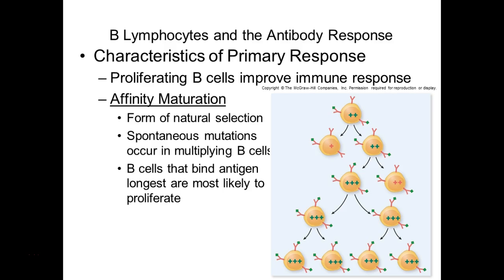So remember, each B cell is unique in its antibody, right? That combination of the heavy chain and the light chain in the variable regions there, and just in making those chains. But they'll continue to mutate ever so slightly once they've been activated.